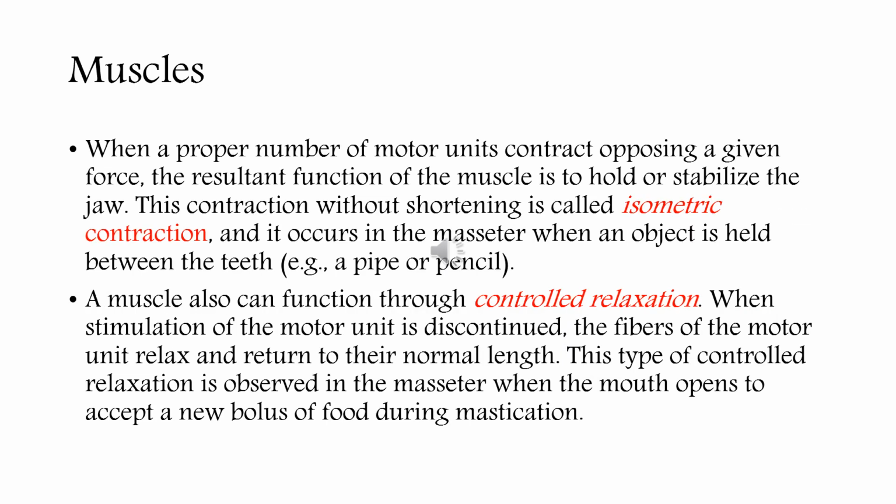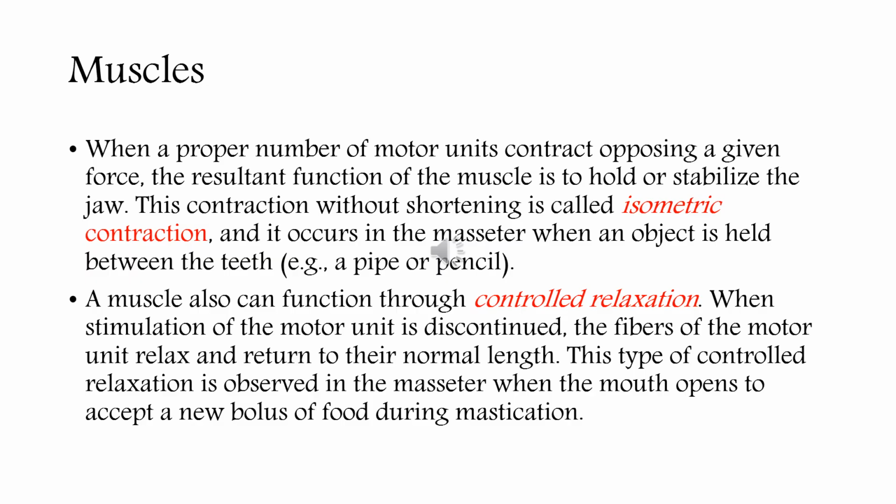The second type of contraction is called isometric contraction. Now, this happens when we want to hold something between our teeth, okay? So try to hold a pen between your teeth and feel the masseter muscle. It's not very short, but it's not relaxed either.